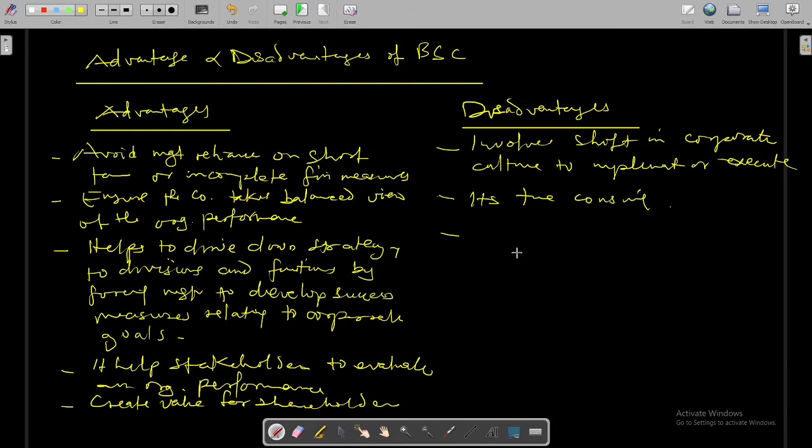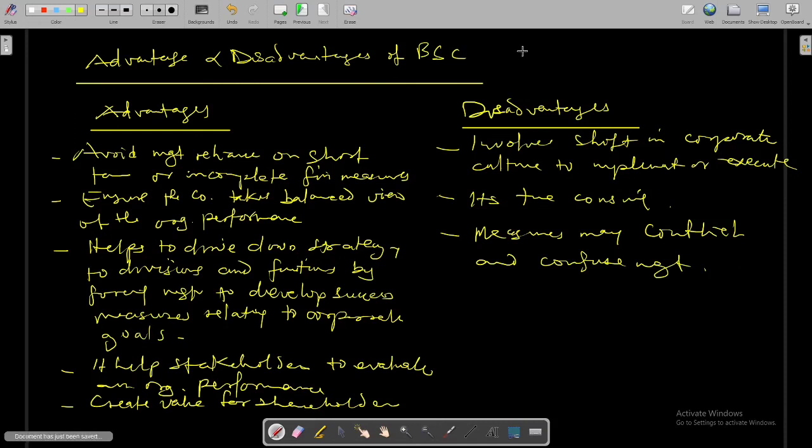Now, the next one is measures may conflict and confuse management. What do I mean by this? Let me explain this using an example. Customers want quality products, but they also want low prices. Shareholders want high revenue and they want low cost. So, which of these interests should management concentrate on?